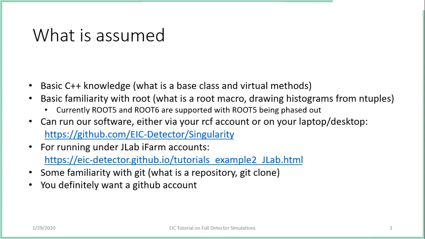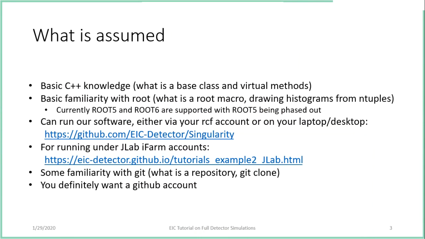You can run our software either with an RCF account, or on your laptop or desktop by getting our Singularity from GitHub. There's an explanation of how to do that. There's a script which downloads the stuff and makes local copies. As of recently, we can run on the JLab farm.